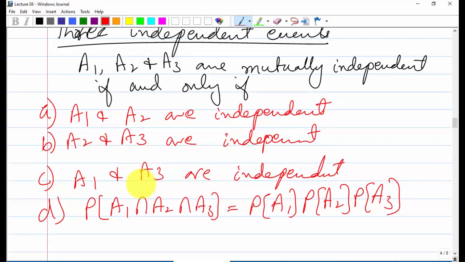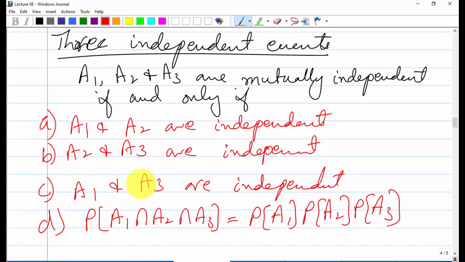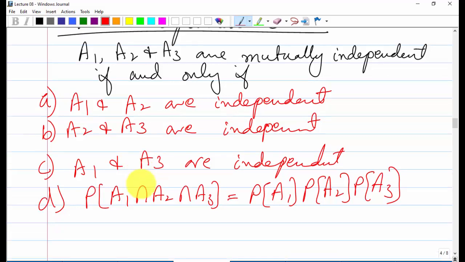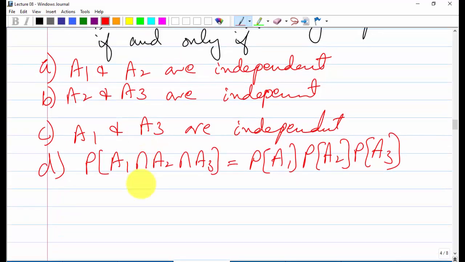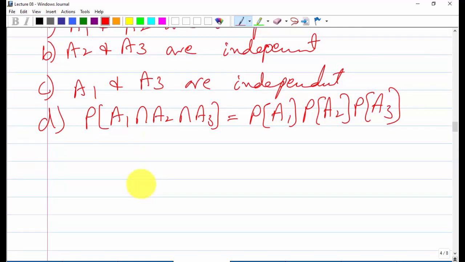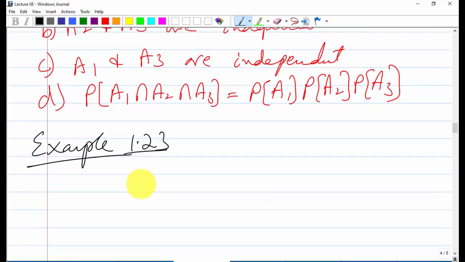So we can see it becomes complex when we have more than 2 events to check for independence. For 3 independent events we have to check each event with another event for independence. To understand this, we will have this simple example, 1.23.